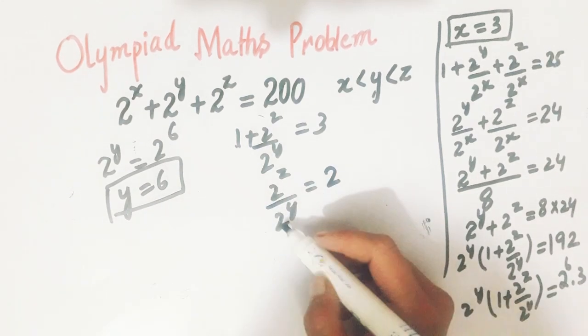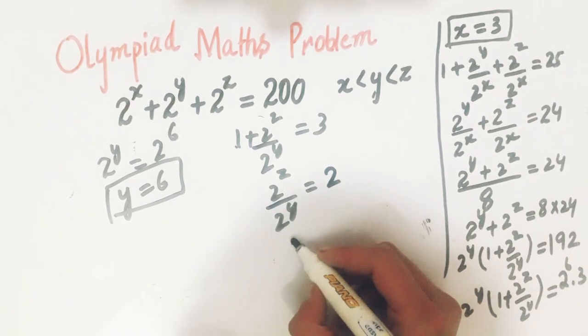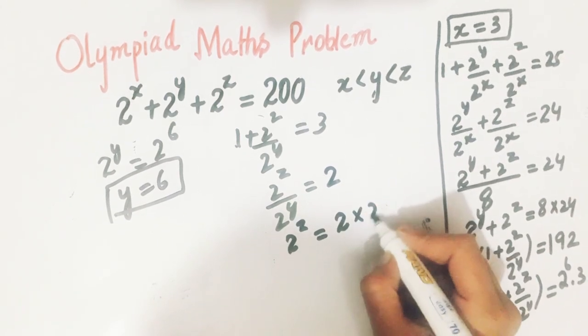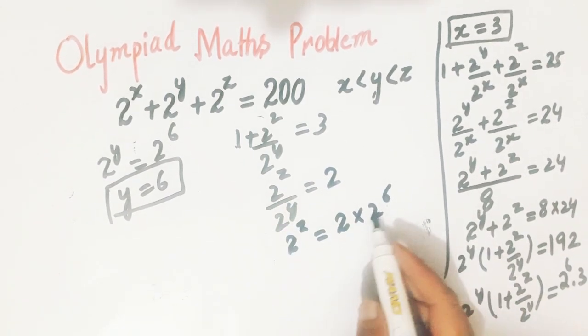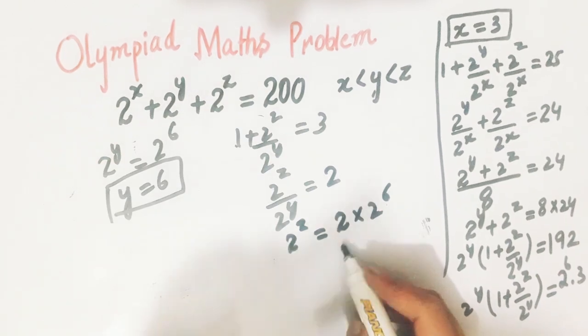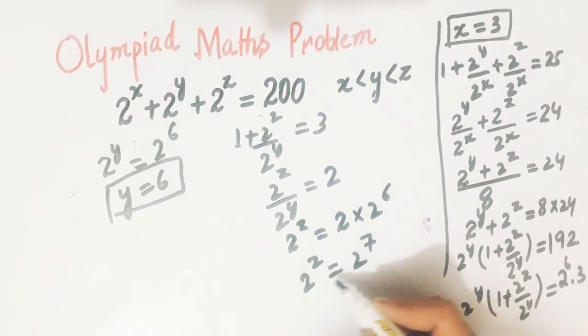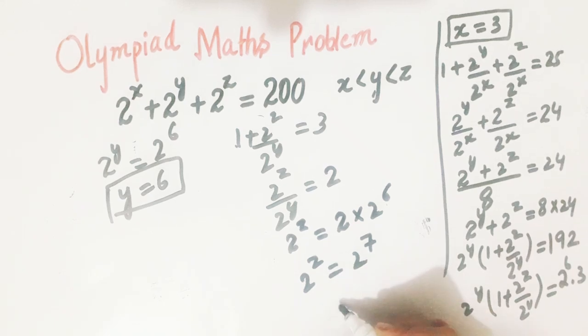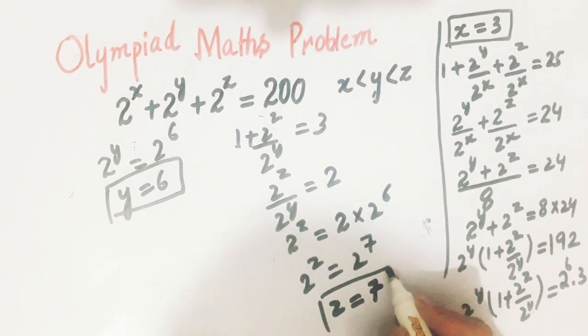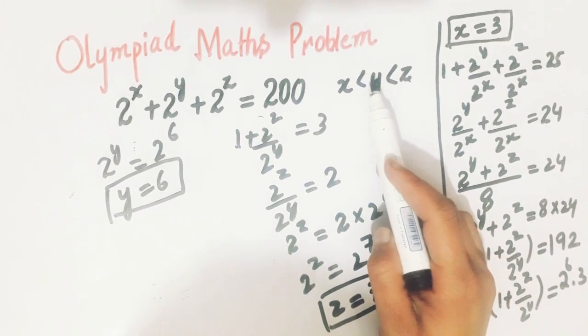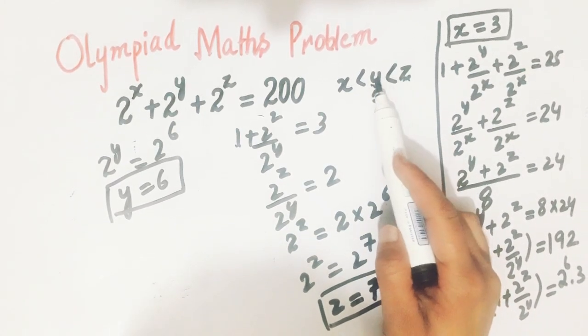So 2 raised to power z equals 2 multiplied by 2 raised to power 6. Now this is multiplied, so the powers will be added, and we get 2 raised to power z equals 2 raised to power 7. When the bases are same, the powers are same, so z equals 7. Now the condition is verified: x is less than y, and y is less than z.